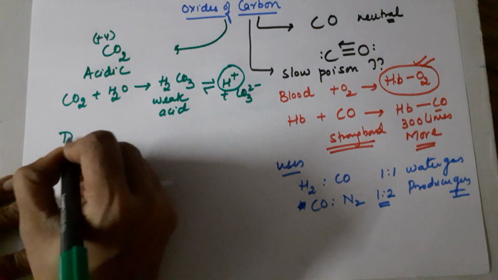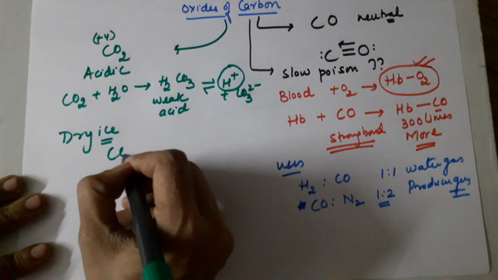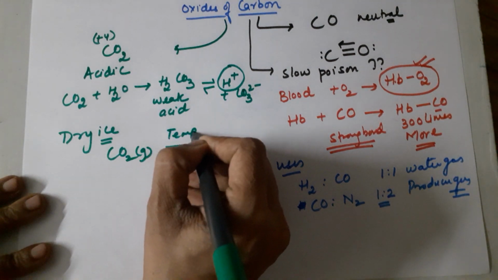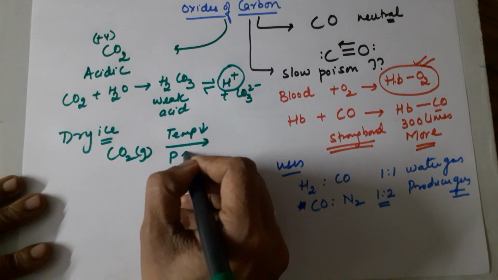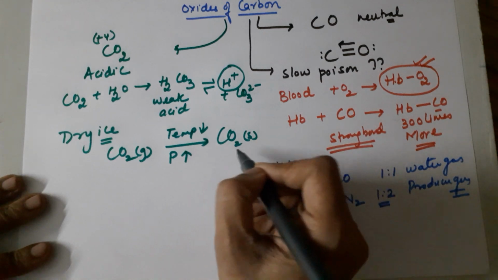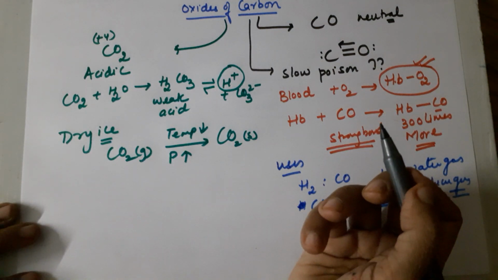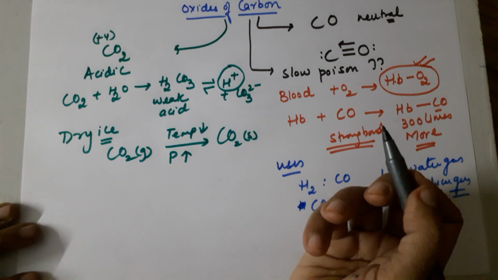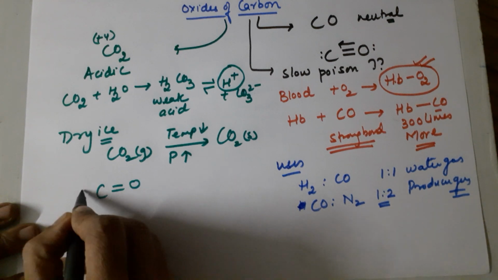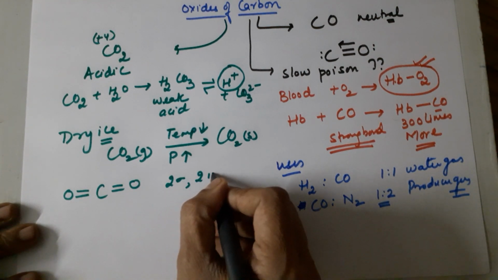Other than this, it is also dry ice, because if you have carbon dioxide gas, you decrease the temperature and increase the pressure. This gets solidified, and this solidified carbon dioxide is called dry ice. Beyond this, carbon dioxide has a structure like this, where it has 2 sigma bonds and 2 pi bonds.